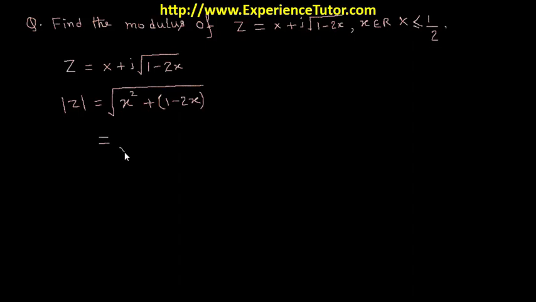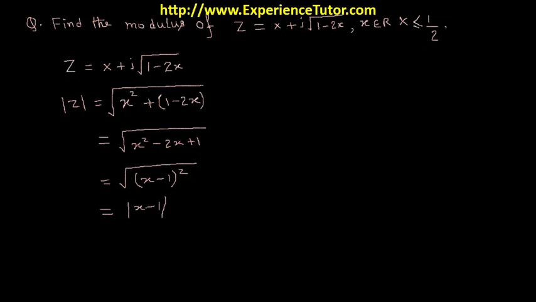Therefore it can be written as x squared minus 2x plus 1, which is the formula of x minus 1 whole squared. So the value is mod x minus 1, which is the answer.